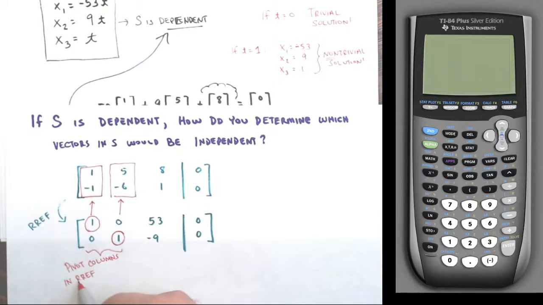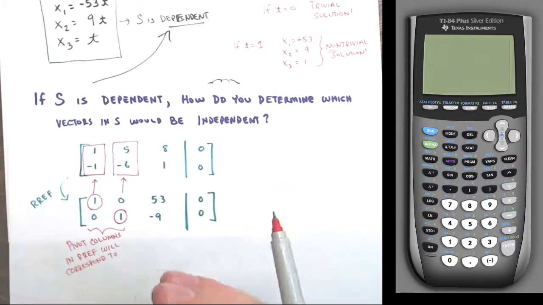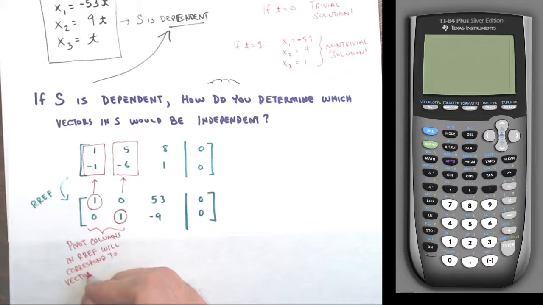Pivot columns in reduced echelon form will correspond to vectors in the set, to vectors that form an independent set.